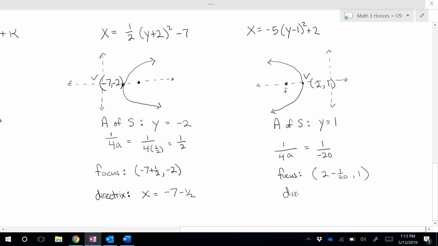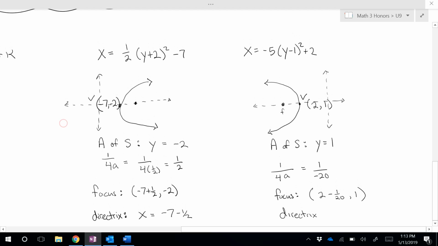And then the directrix, well, look at where it is in my picture. If I'm starting here and I want to move to the left, I have to subtract.